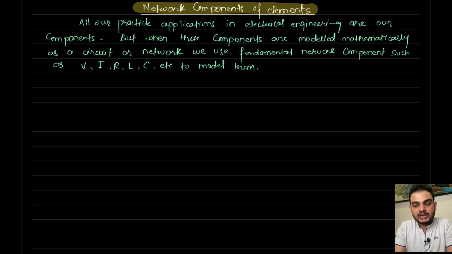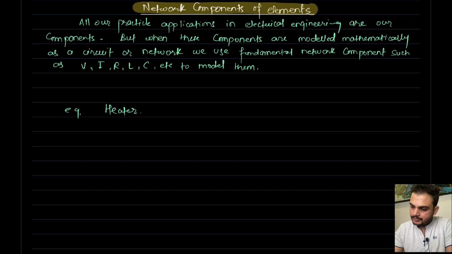For example, let's take an electrical heater. It is an application of electrical engineering, converting electrical energy into a usable form, that is heat energy. From electrical to heat conversion, we use a heater.